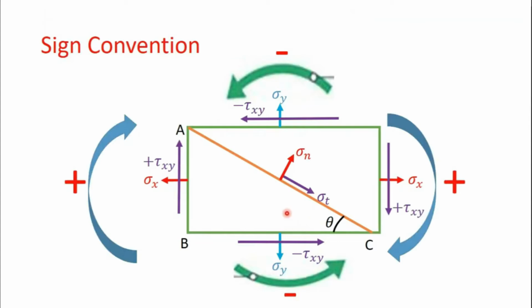Now we all know the sign convention we have already considered, that clockwise is taken to be positive like this, and you can see plus tau xy on the face AB and on the face of sigma x, and minus tau xy at sigma y is anti-clockwise. So the green is anti-clockwise and the blue is clockwise.